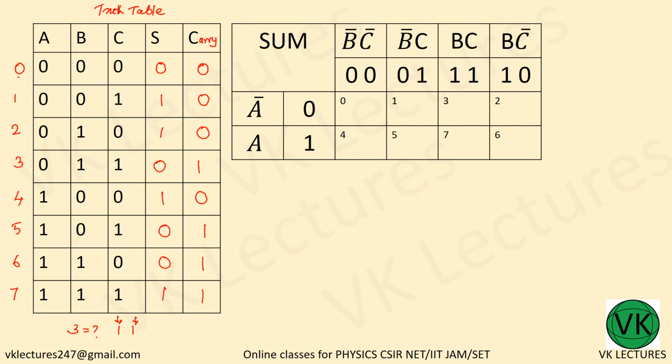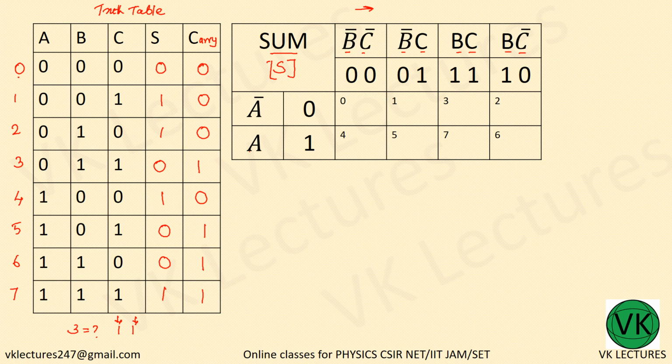Now for the sum, let us find the Karnaugh map corresponding to the sum. A bar and A, then B bar C bar, B bar C, B C and B C bar. This is the order that we have to follow, since only one digit change is allowed as you move through the Karnaugh map.